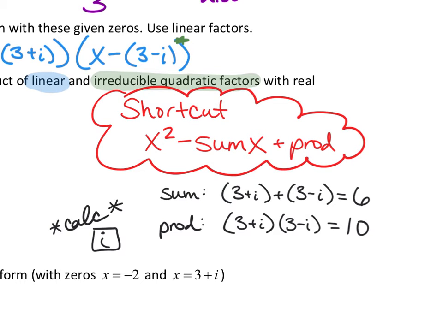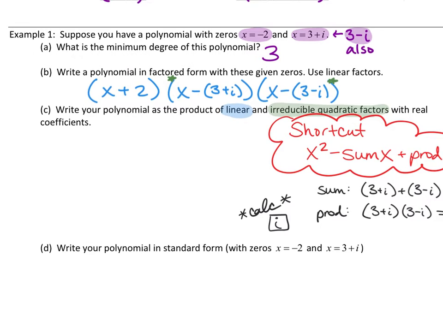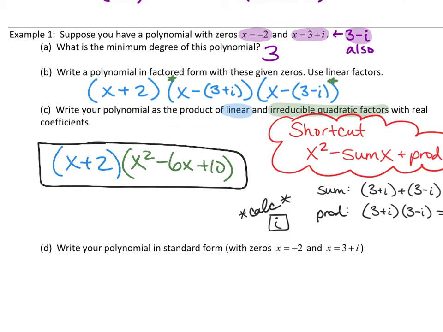So I automatically know that these second two linear factors would multiply using the shortcut to x squared minus 6x plus 10, where that is an irreducible quadratic factor and x plus 2 is a linear factor. Again, that's a linear factor, and that's an irreducible quadratic factor.